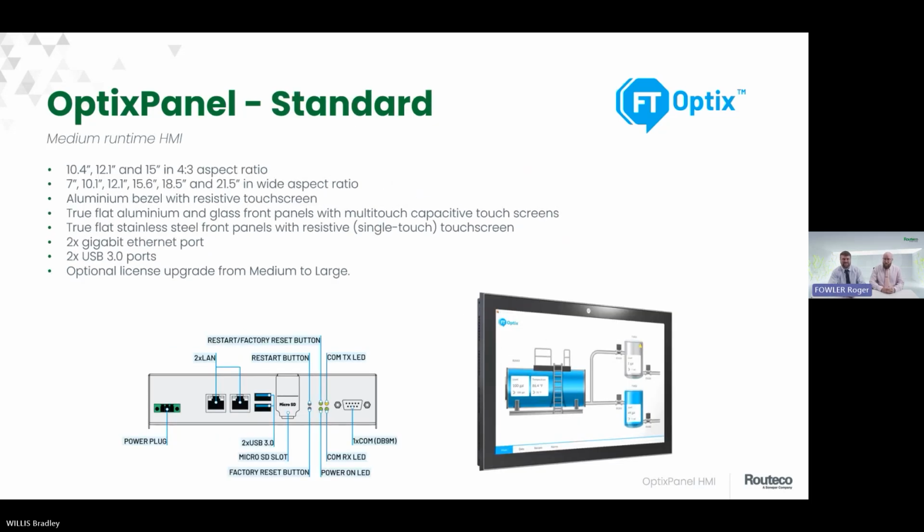This is a much larger range and where most people will sit with their Optix panels. This goes from the size of 7-inch all the way up to 21.5-inch, the largest size. There's two ratios, 4.3 aspect ratio and a wide aspect ratio, either for an aluminium bezel with resistive single touch, again, true flat aluminium and glass, capacitive multi-touch, or a third option in the standard, a true flat stainless steel front panel in single touch for your IP69 needs. 2 gigabit Ethernet ports, 2 USB ports, and a license embedded at medium, which can be upgraded to large.